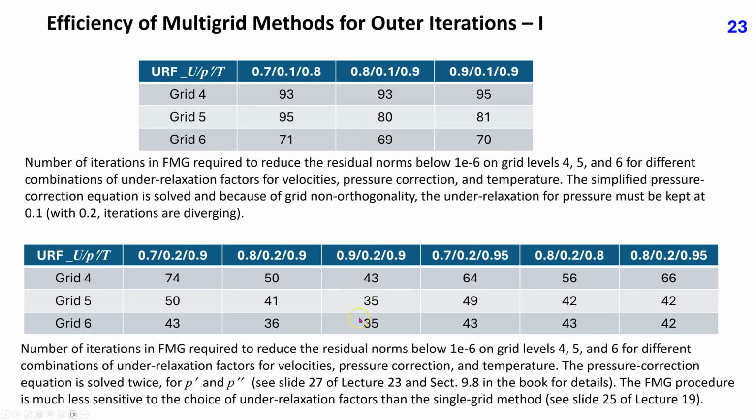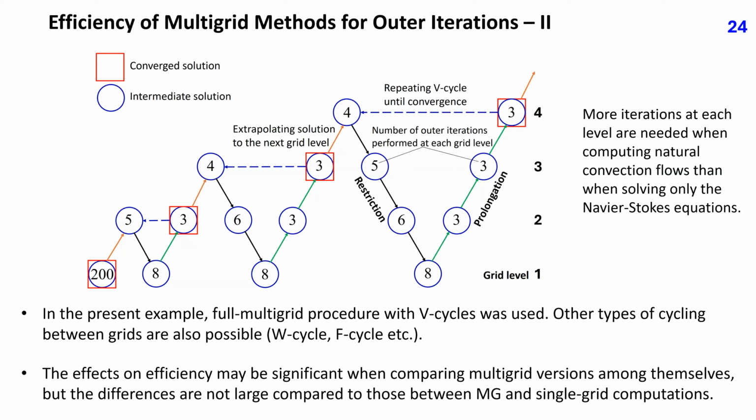The computing time is not that much reduced because the pressure correction equations require more inner iterations per outer iteration than momentum and energy equations. In the present example, full multigrid procedure with V cycles was used.